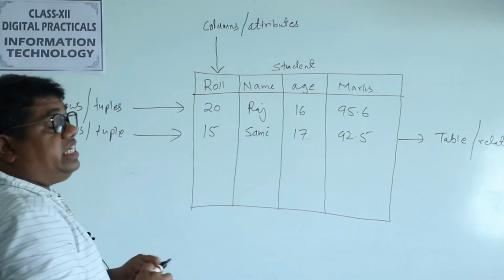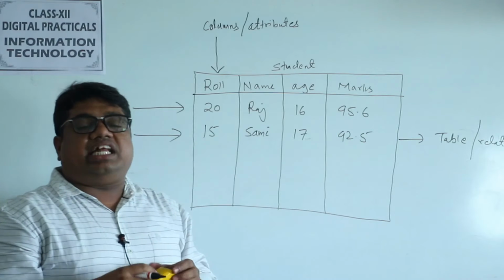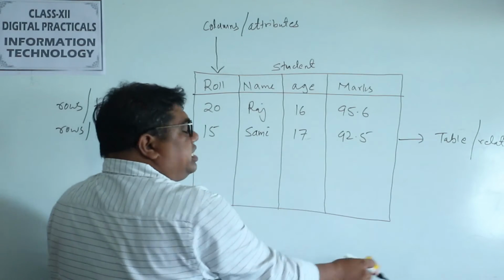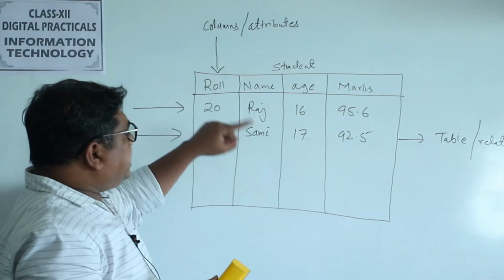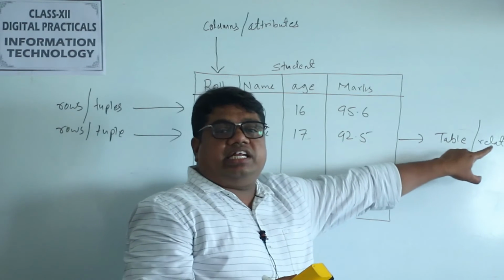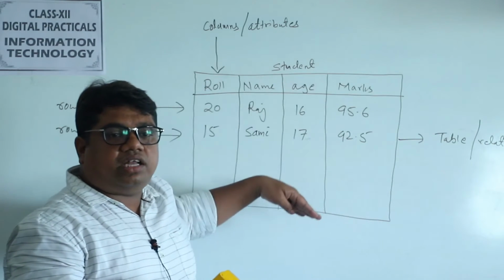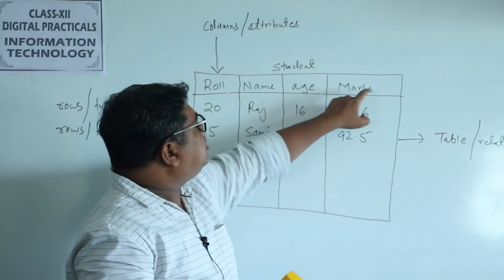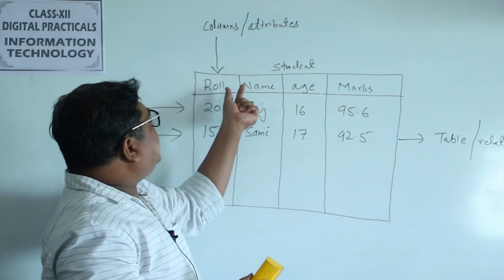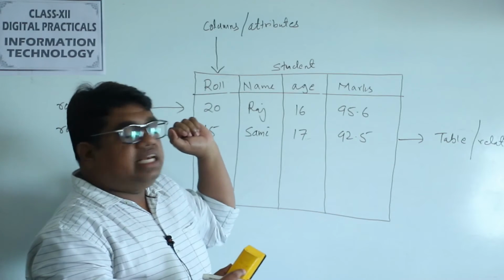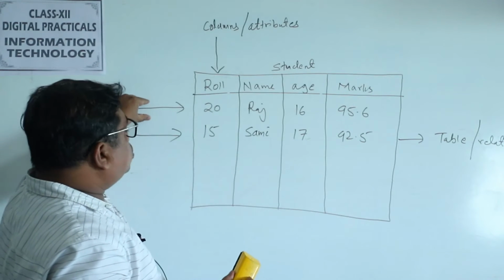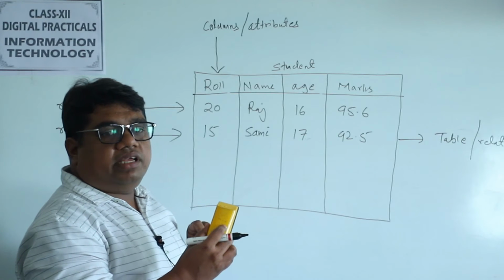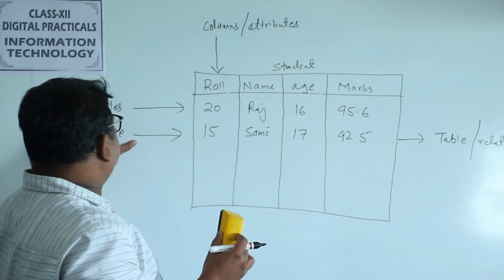Okay. So this is how the data is stored in RDBMS. It is nothing but a rectangular structure, and that rectangular structure's name is either table or relation. It consists of rows and columns, and there are 4 columns, and these columns are also referred to as attributes, and there are 2 rows in this table, and these are referred to as tuples.